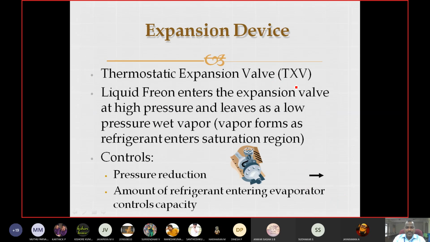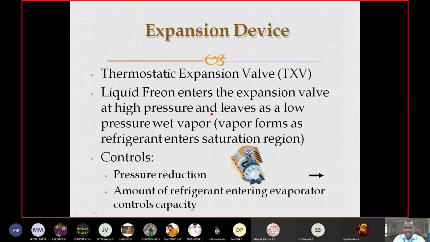Right, so we can have the TXV, that is the expansion device. The thermostatic expansion valve is used here. The liquid refrigerant enters the expansion valve at a high pressure and leaves as a low pressure wet vapor. The vapor forms as the refrigerant enters the saturation region.